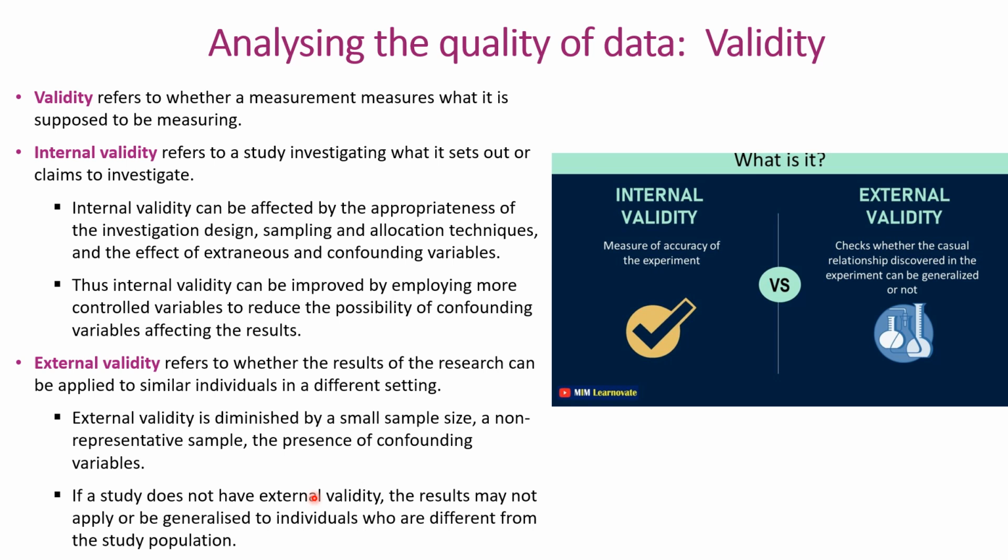So therefore, if you have low internal validity, you're going to have low external validity, but it is possible to have high internal validity, e.g. if we're testing teens, and our external validity might be low because that method that we use to test teens might not hold up if we're testing adults because of exposure to social media or other kind of generational issues.